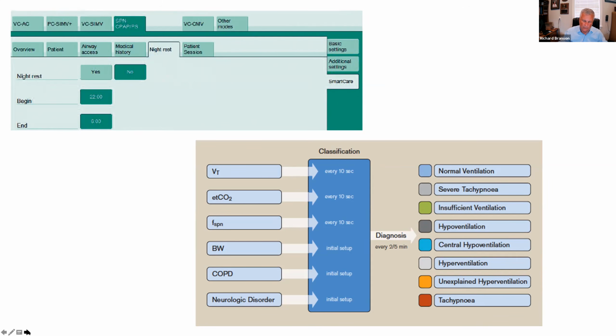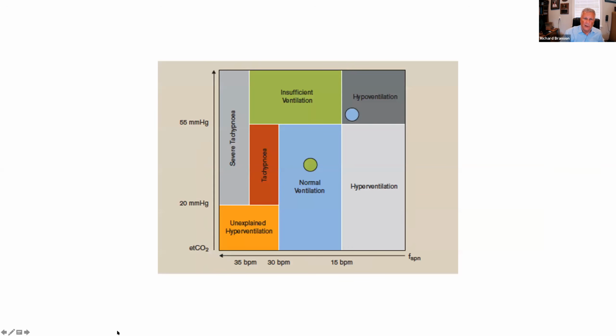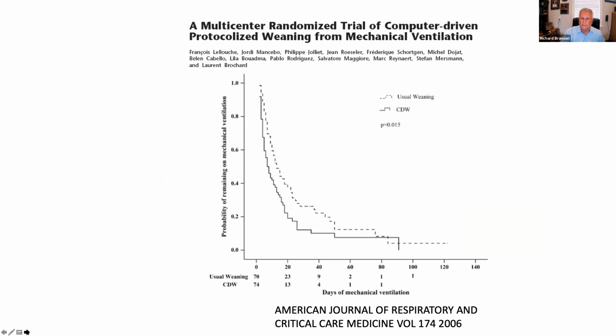Is it not normal? Is it really not normal? But I think it's clever in the way it was done. And just like the ASV algorithm I showed you before, they're shooting for this spot in the middle. We want normal ventilation. We want to avoid all these other spots, tachypnea, hyperventilation, and hypoventilation. And of course, all you can change is the pressure support setting.